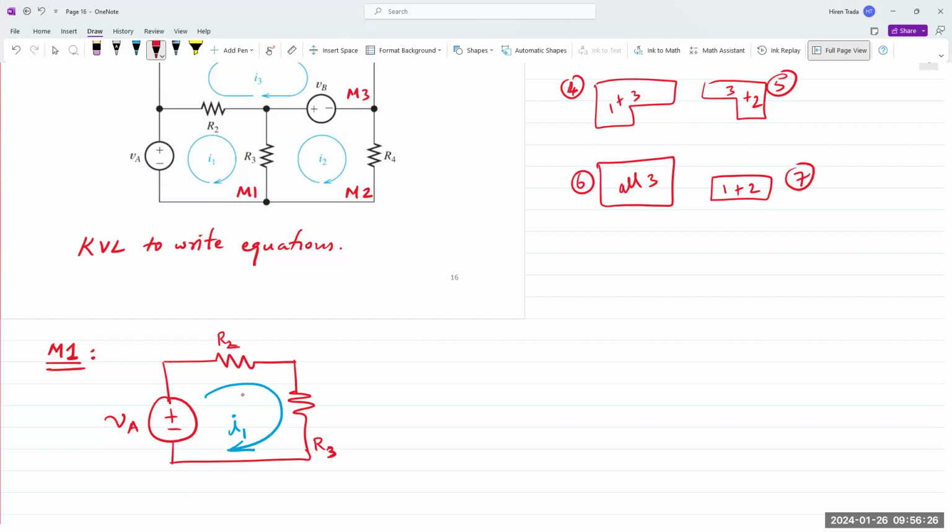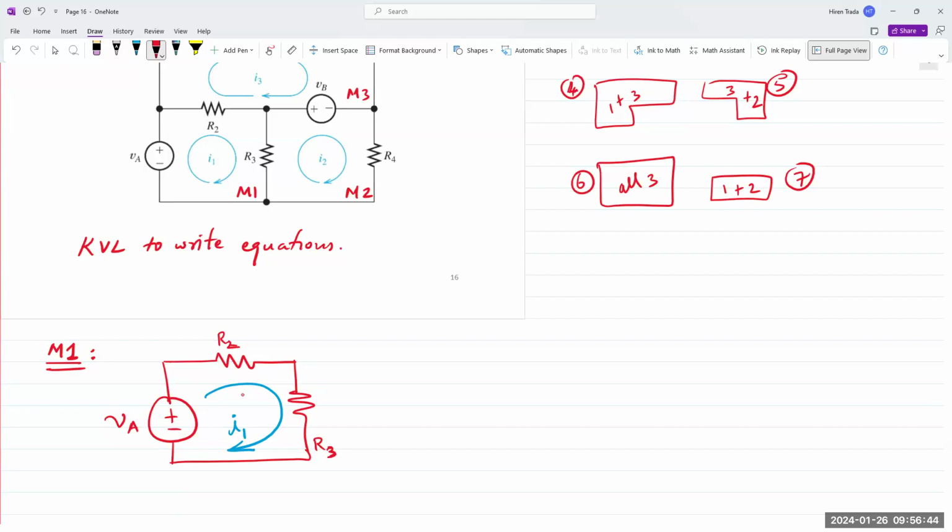Passive reference configuration: if current enters the resistor from the left, what is the polarity? Plus or minus? Plus, right? Point of entry is plus.